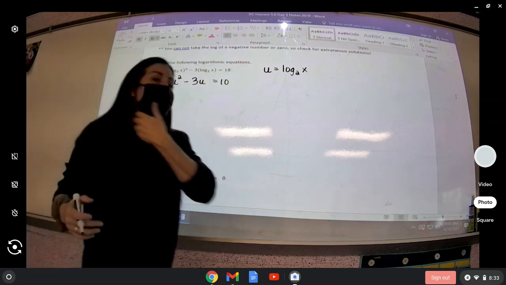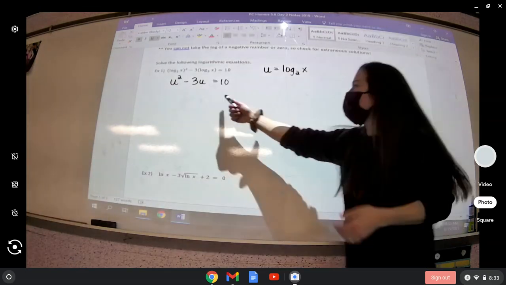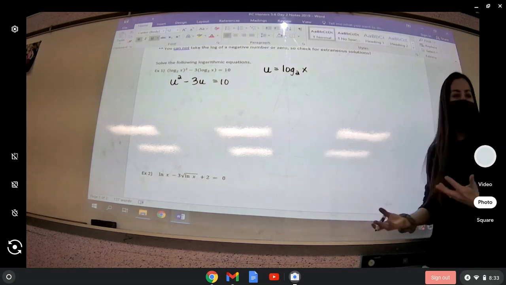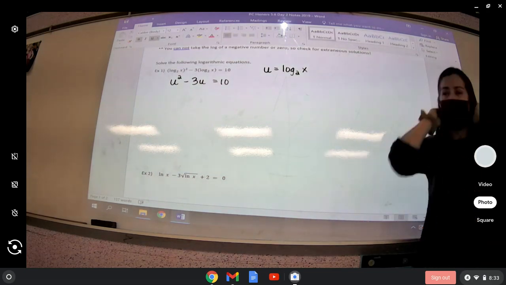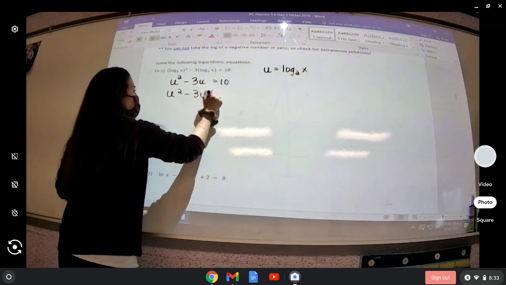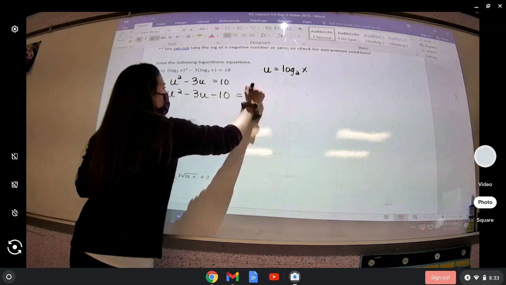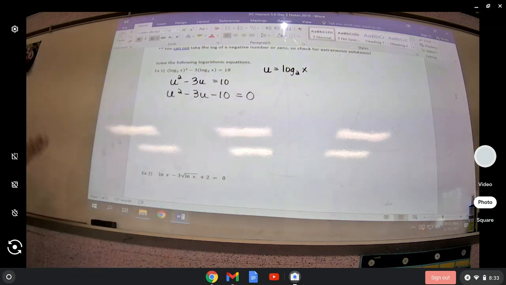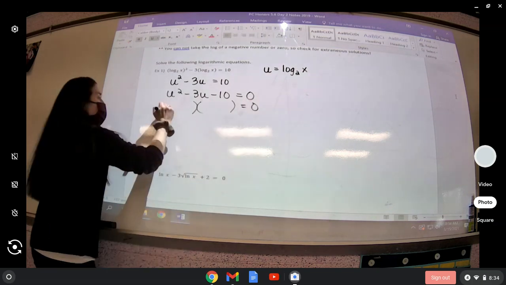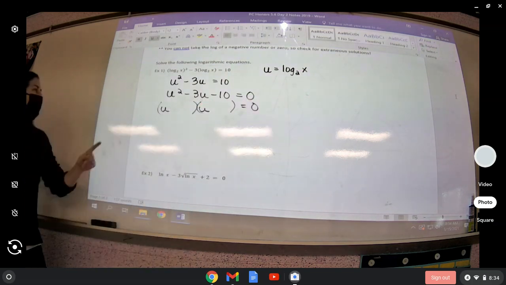So now when you see this problem as a U substitution, guys, you're solving a quadratic equation. Let's hope it factors. Let's get everything on one side and see if we can factor it. So it'll be U squared minus 3U minus 10 equals 0. If I try to factor it, I know a U and a U will get me U squared.